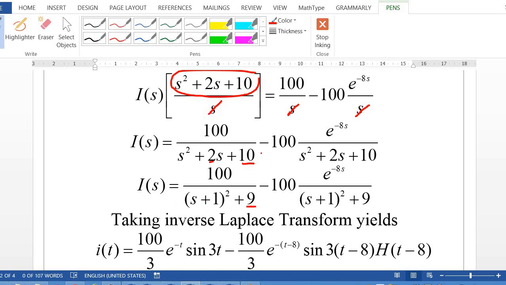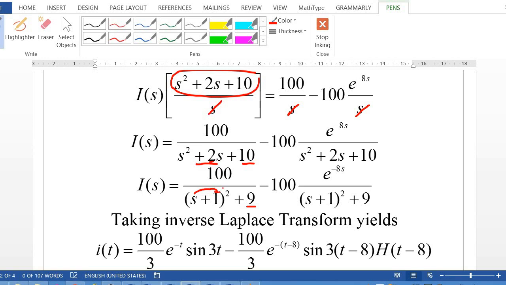I repeat one more time how you do the completing the square. To do completing the square, make sure the coefficient for s squared is 1. Luckily, this is 1. So you open a bracket, this is s. Then you look at the linear term plus 2 and divide the coefficient of the linear term by 2. So positive 2 divided by 2, you get plus 1. Close the bracket, you square it, and try to expand back.